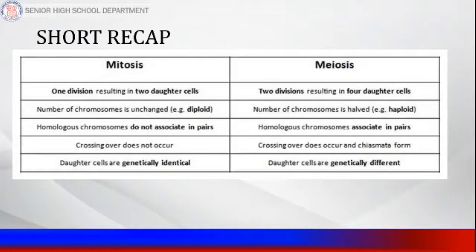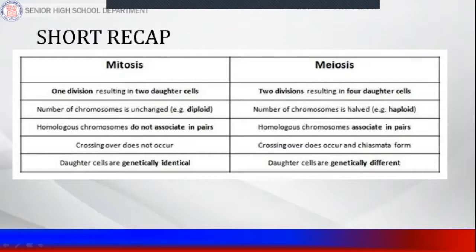For mitosis, the number of chromosomes is unchanged, it stays the same, while the number of chromosomes is halved, or haploid, for meiosis, so later on new cells will be developed as sex cells. In mitosis, homologous chromosomes do not associate in pairs, while in meiosis homologous chromosomes associate in pairs that are coming from the parent cells, or the sex cells from the parents.